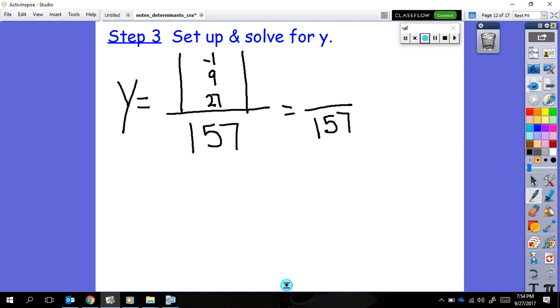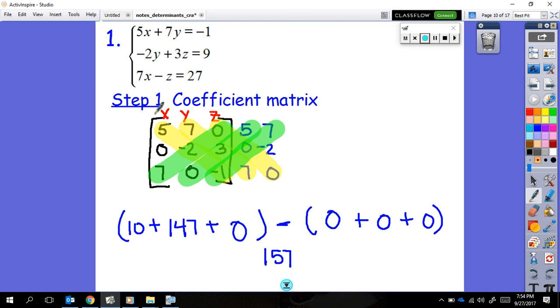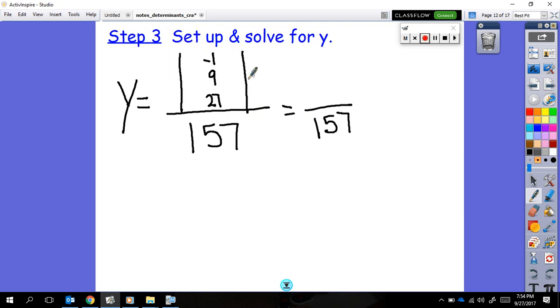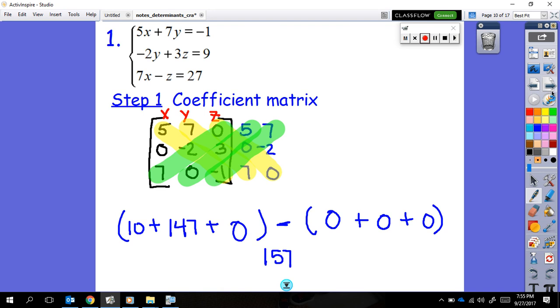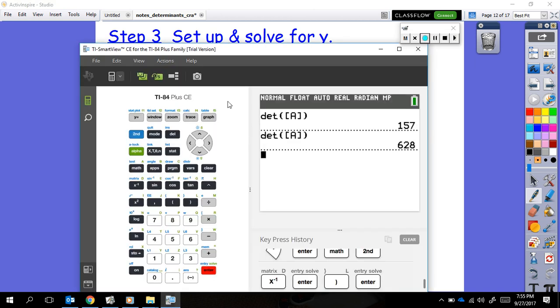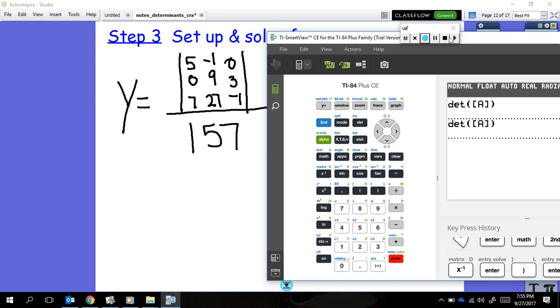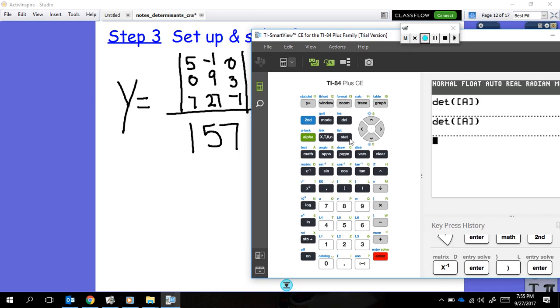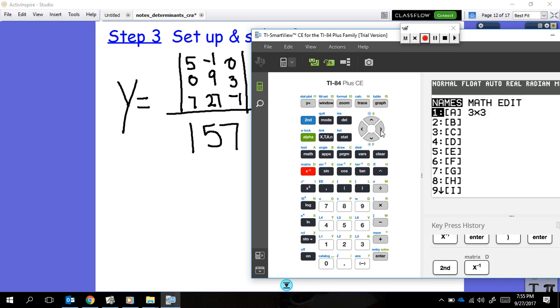Make sure you go all the way back to the beginning and pull your original coefficient matrix to go in the other columns. So we have 5, 0, 7 here and 0, 3, negative 1. Unfortunately, when I go back to my calculator, I'm going to have to edit two columns because I changed the first one to be those answers. So second matrix, over to edit.